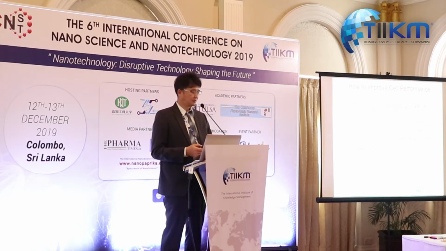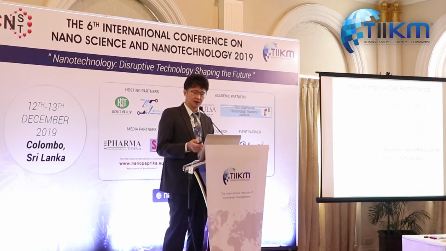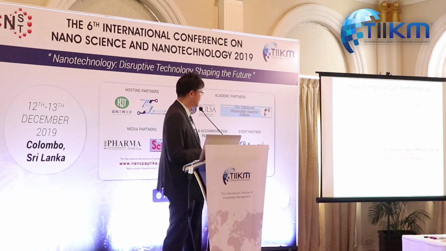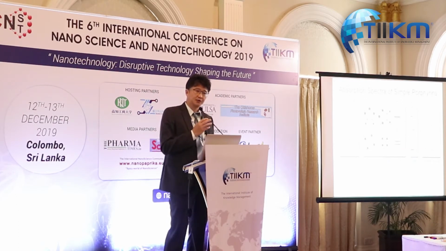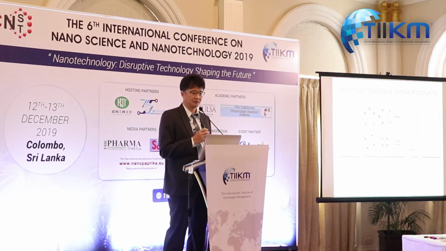Suppose the VOC and fill factor remain the same, and the absorption is red shifted by 50 nanometers, the overall efficiency may increase by 1 to 2%. So to increase the light harvesting ability of porphyrins, we need to know the origin of the absorption spectrum of porphyrins.